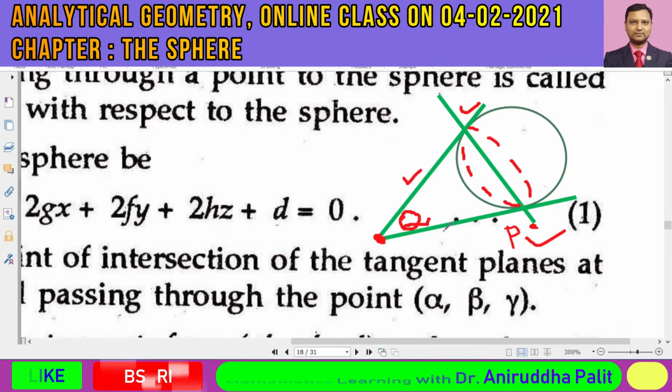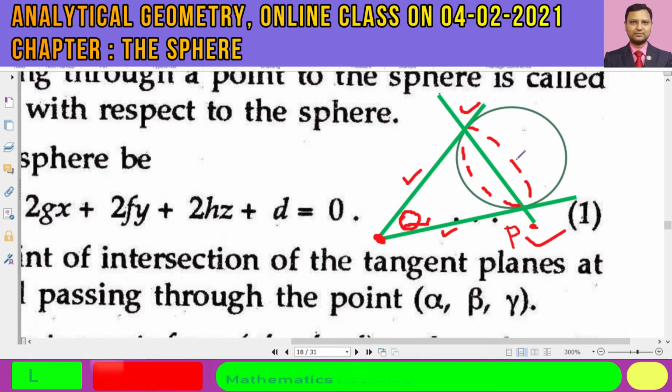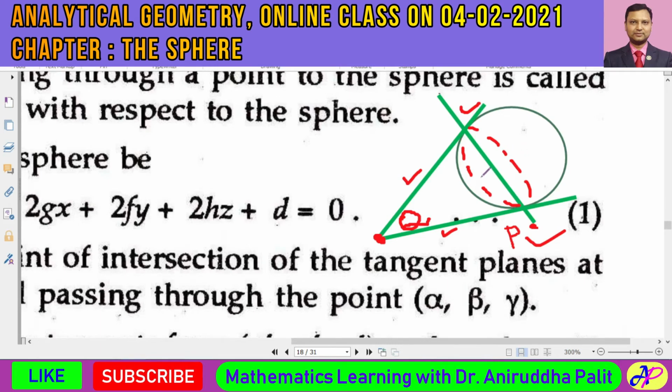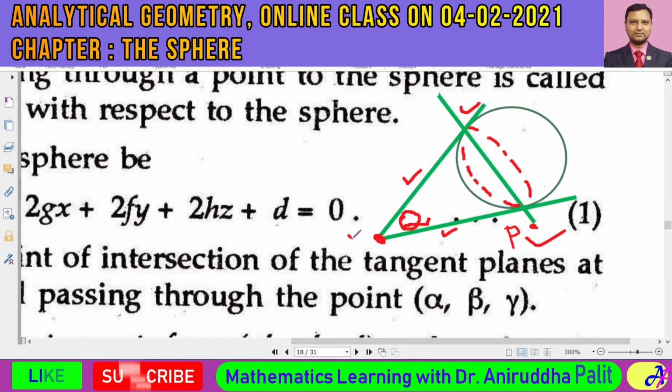All such tangent planes through any point on the section will intersect at a single point.